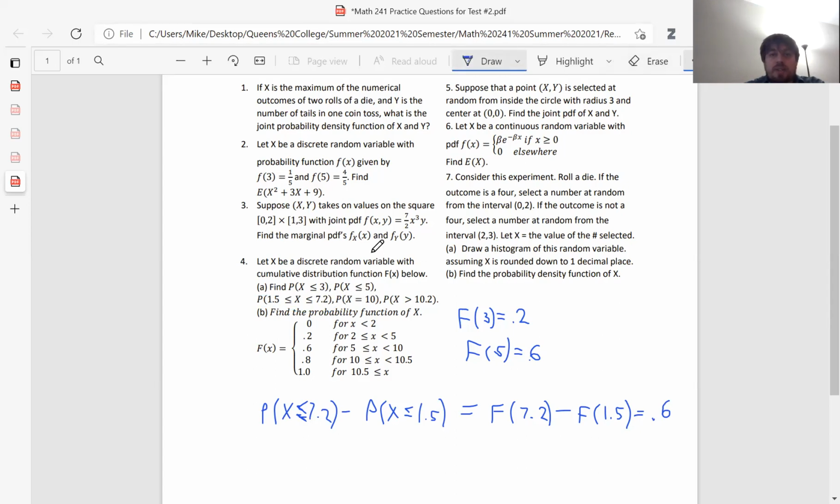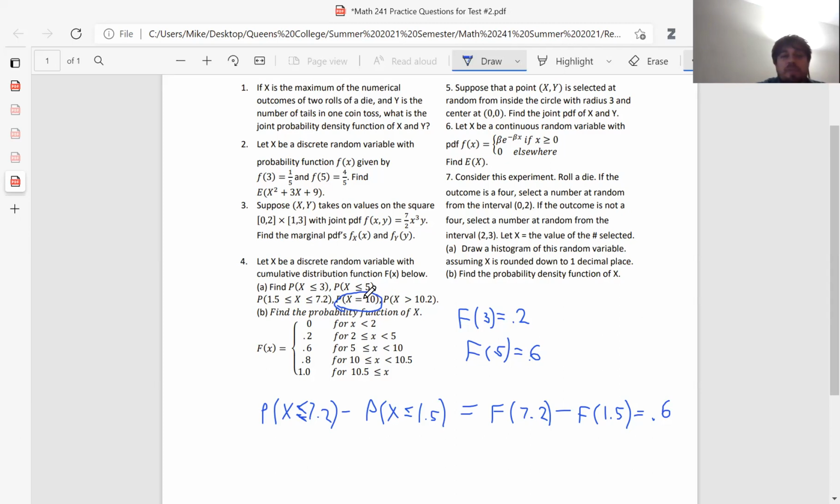Now the probability x equals 10. Well, x is a continuous random variable. Oh wait, I'm sorry, X is discrete. Everything I've said so far is right, because it hasn't depended on that yet, we were just using values of this function. It's discrete.